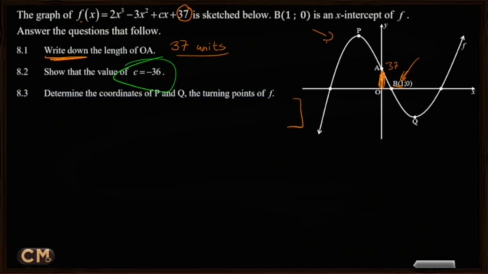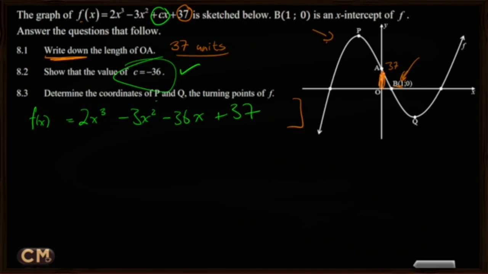Now, determine the coordinates of P and Q, the turning points of f. So let's write f of x now in its full form. We have 2x cubed minus 3x squared minus 36, because that is the value of c, x plus 37.